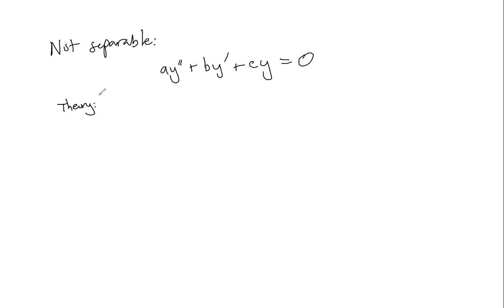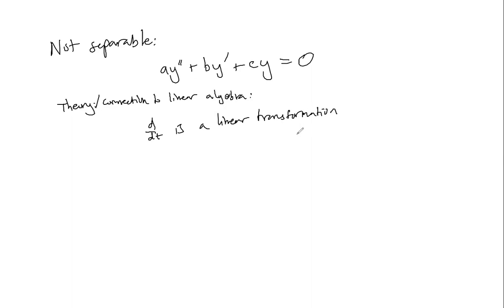Right, so the connection to linear algebra. We can view d/dt as a linear operator, a linear transformation. We kind of talked about this a little before. We had linear transformations from polynomials to polynomials, and we had this derivative function. So we've dealt with some examples where this is a linear transformation.